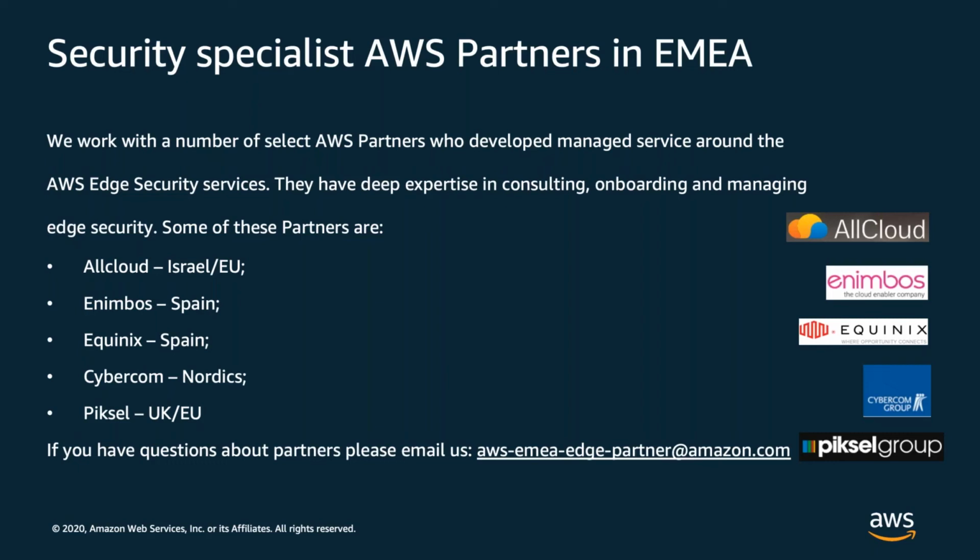They have a lot of expertise at designing edge-level security solutions on AWS. They're also great at reporting and giving you better visibility into your web application traffic. And if you're interested in this, here's an email address. You can just send us a mail and we'll be in contact with you.